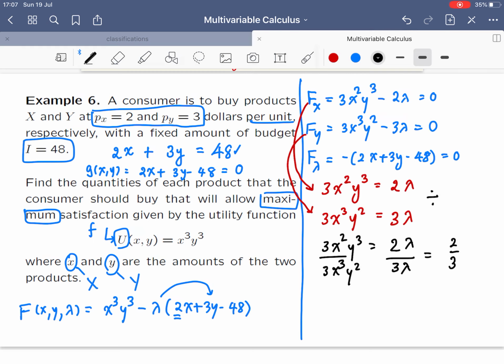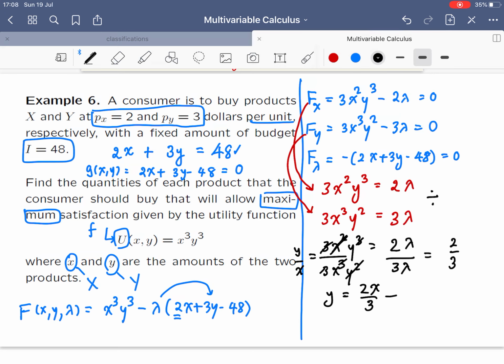On the right-hand side it is 2 over 3, and this also happens to cancel several x's and y's. For example, the x squared cancels, the y squared cancels, so you have y over x times 3. It means that actually your y is 2x over 3.